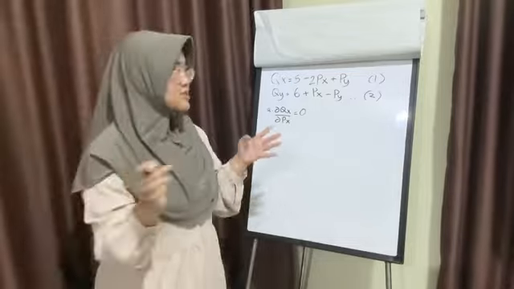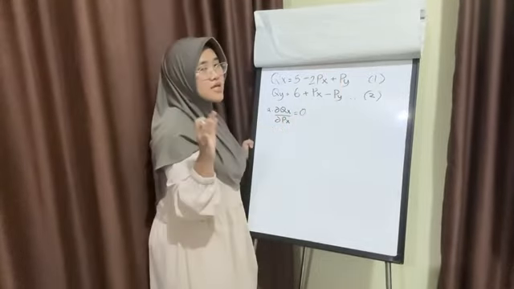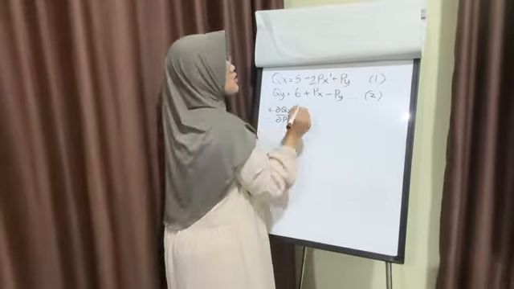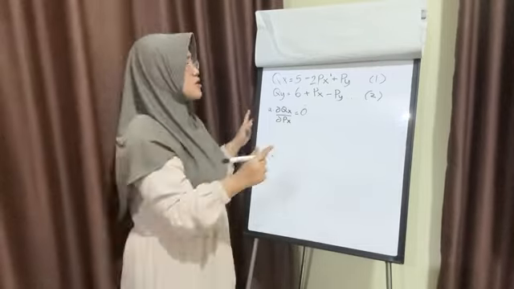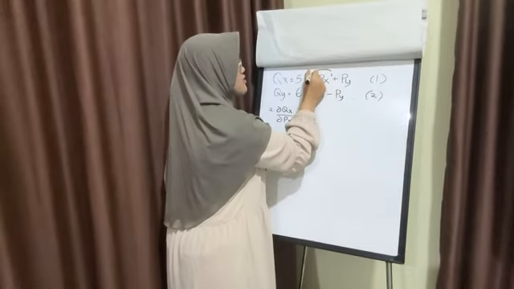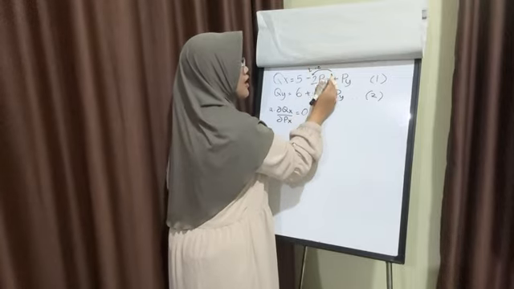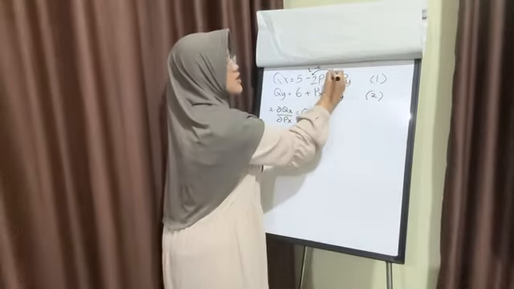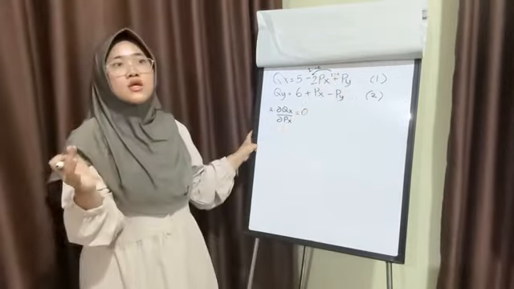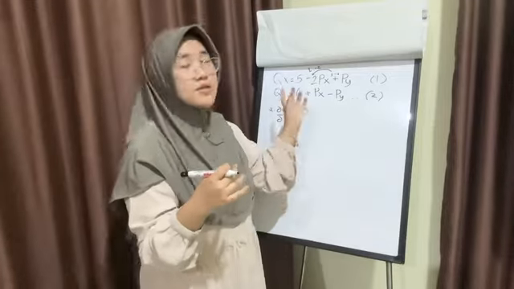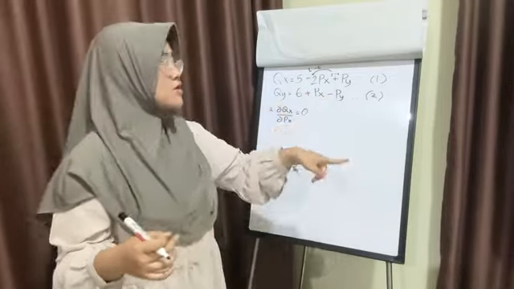When this function doesn't have any power, the power is assumed to be 1. The 1 moves forward, so it becomes 1 times minus 2. And because it moved forward, the power becomes 1 minus 1, so it equals 0.